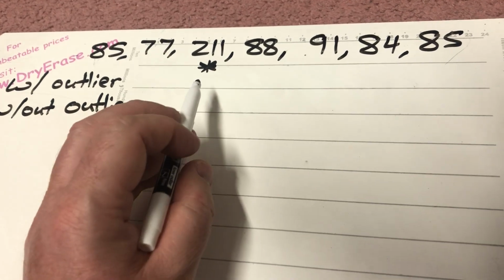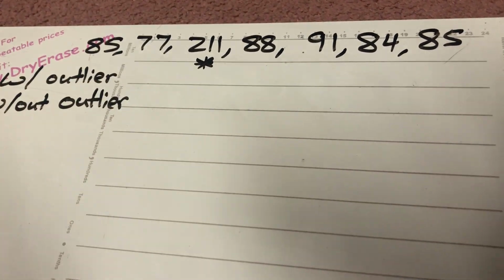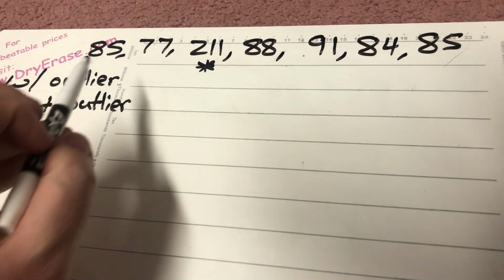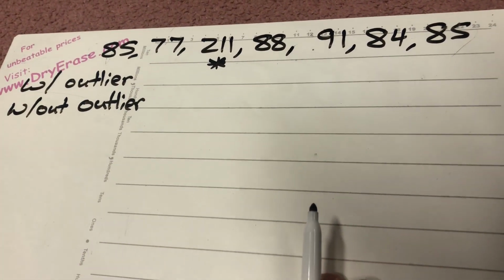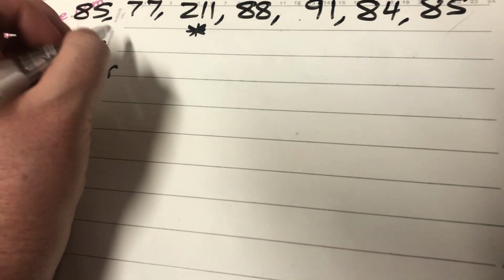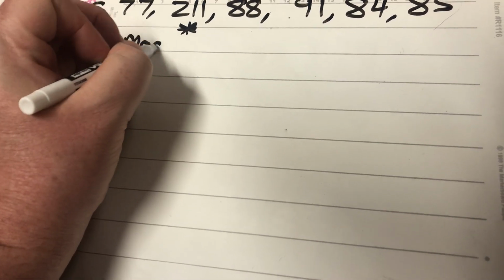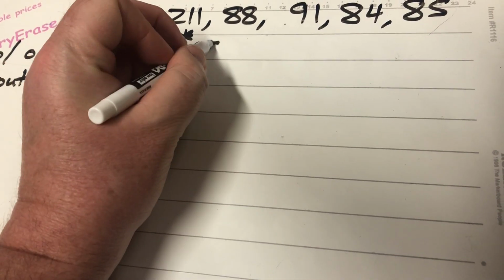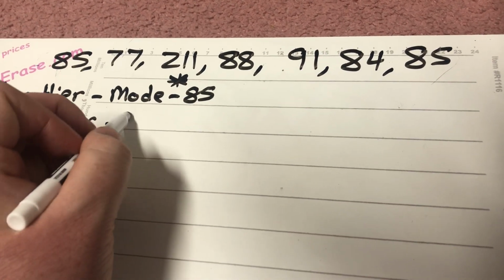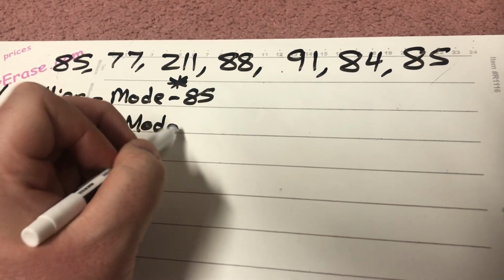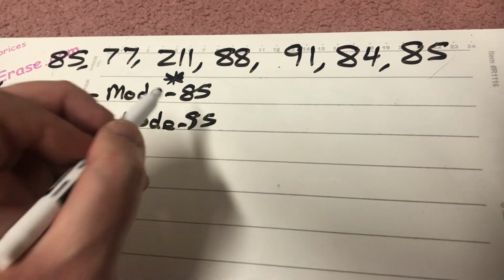Now, if I were to take 211 out of the set, 85 would still come up twice. So with the outlier, the mode is 85. And when I take the 211 out, it still appears that the mode is 85.